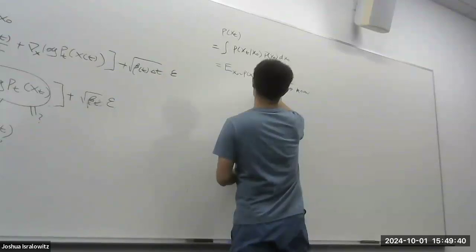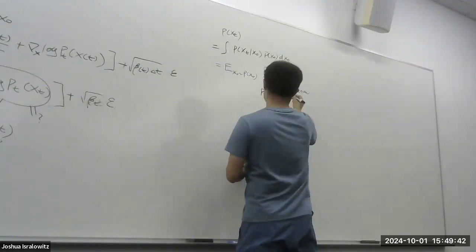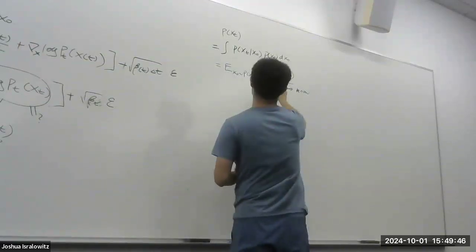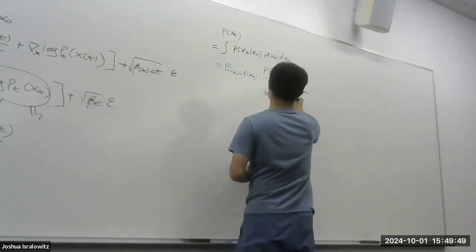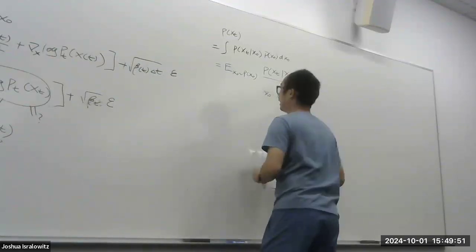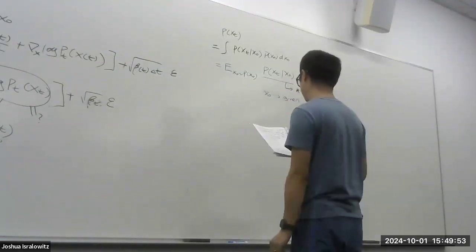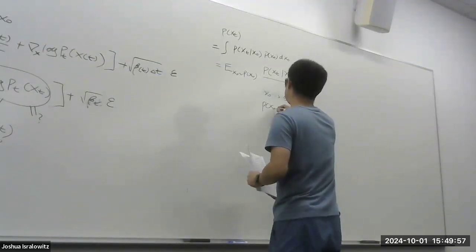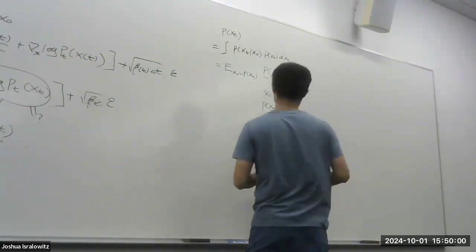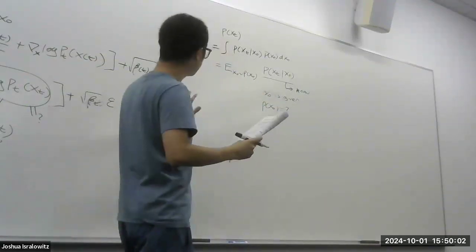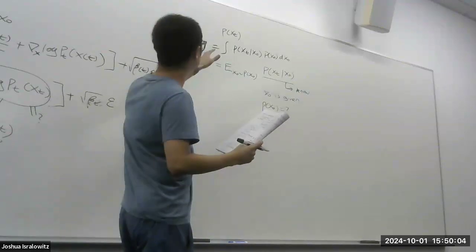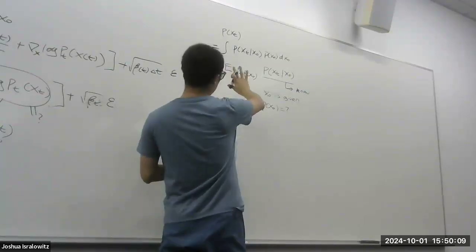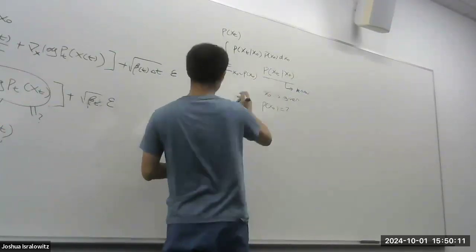And also x0 is given, because that's all from our training data set. But we don't know the probability of x0 precisely. So this is what we don't know yet. But we can do something to approximate p of xt. Okay, that's good, and this is something we already know.